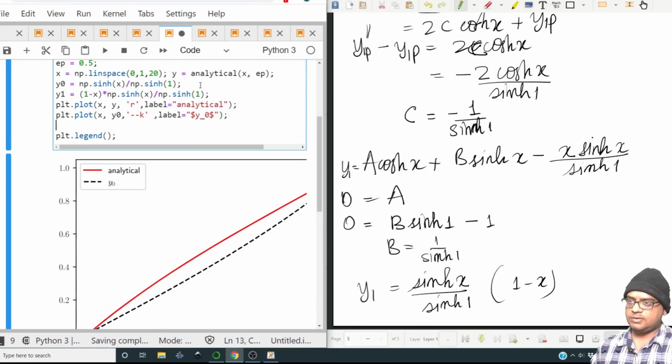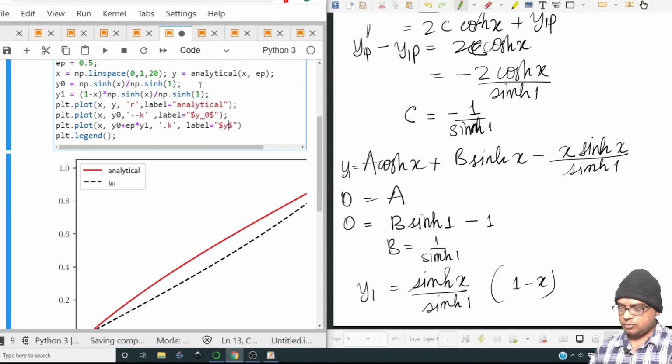So now with this, let me do plt dot plot x comma y0 plus epsilon times y1, and label it as y0 plus epsilon y1.